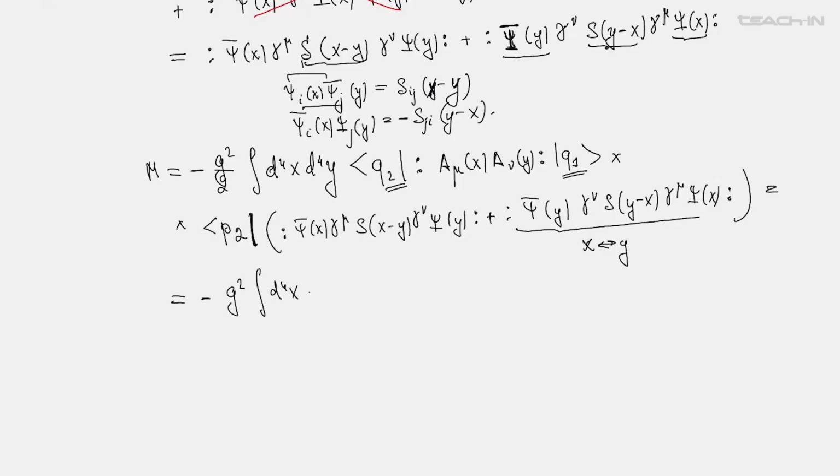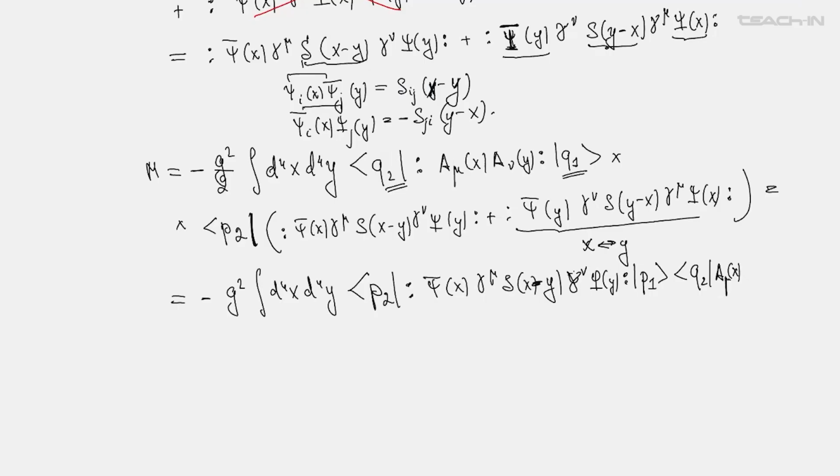Let's start from photons P2. Let's start from fermions: psi bar X, gamma mu S on X minus Y, gamma nu psi on Y, P1, and then Q2, A mu on X, A nu on Y, Q1.